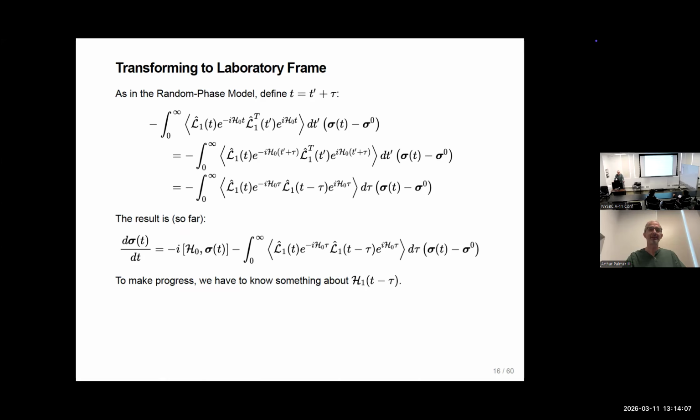That's the limits of integration in the computation. You need to change that.